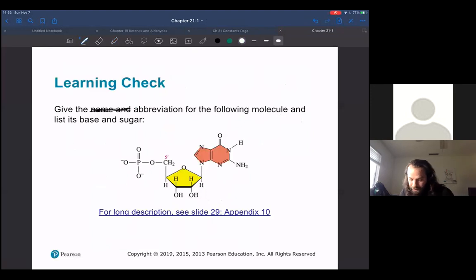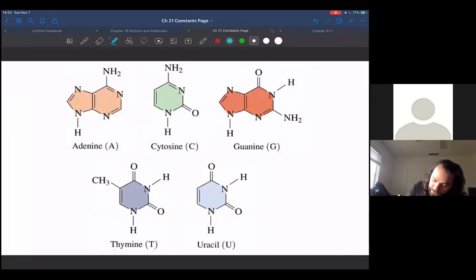So let's go back to our page here. I can tell right off the bat that it's going to be a purine derivative because it's the larger of the two structures. It's got the 6-membered ring combined with the 5-membered ring. And then the giveaway is this carbonyl group right here, which is the differentiation between guanine and adenine.